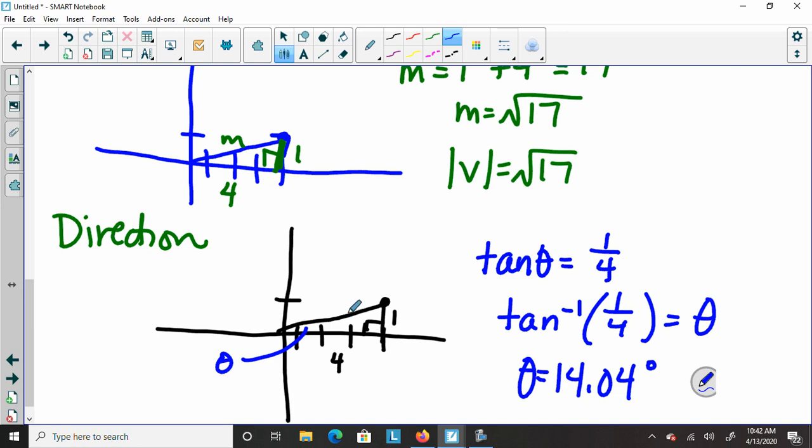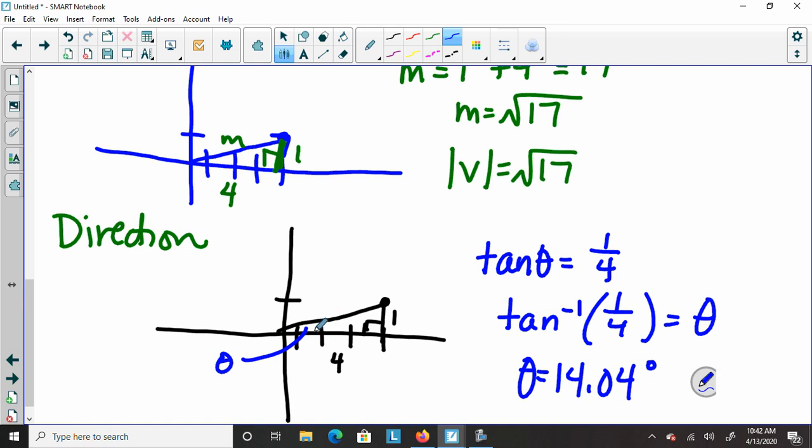So if you're in the first quadrant, it will just give you the exact number. But if you're in any of the other quadrants, you're going to have to really pay attention to what it tells you. This is just like if we were solving equations and you had to think, oh, it's in the second quadrant, so I have to subtract from 180 or whatever else. Just think about the number that you get. If it's a negative, remember, if you're in the fourth quadrant, you'll get a negative, so you'll have to subtract whatever that number was from 360.